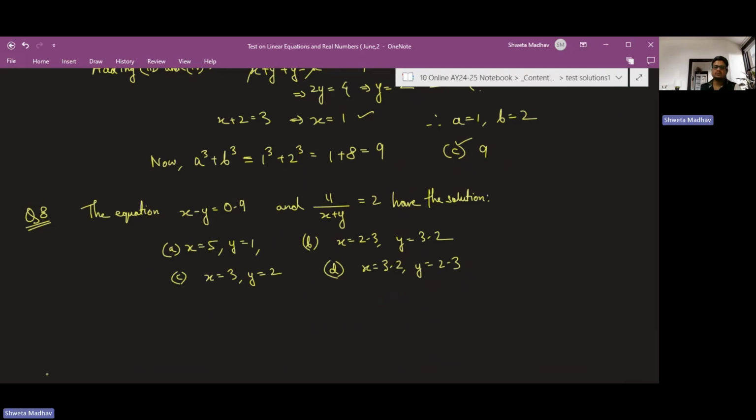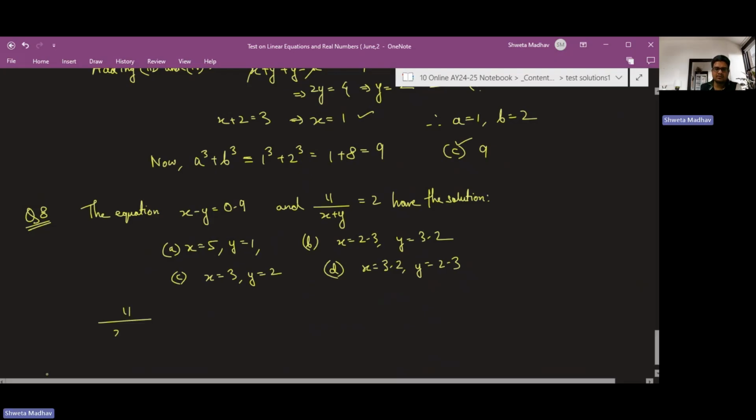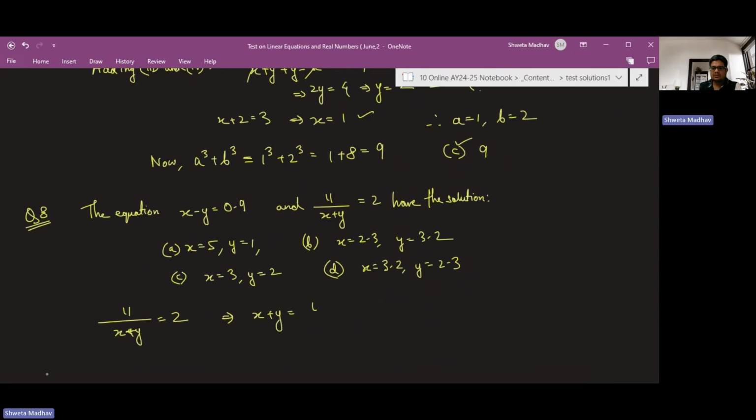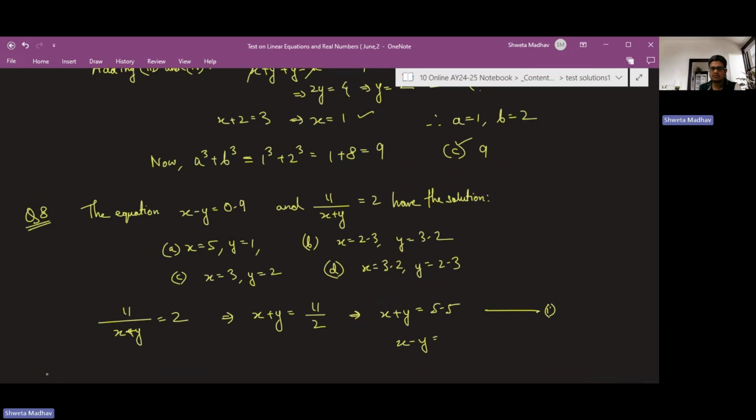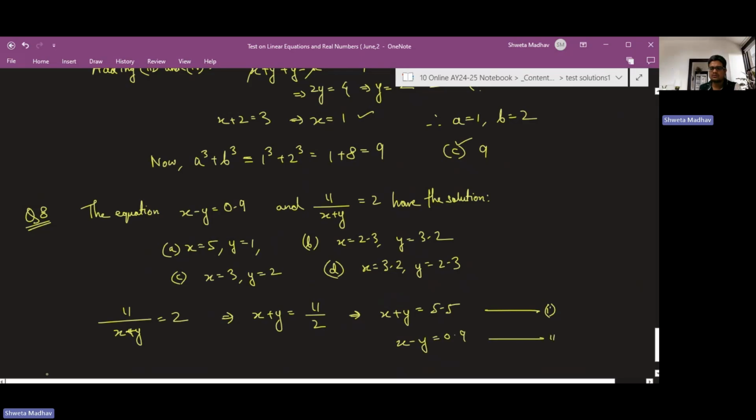So now this 11 by x plus y is equal to 2. So hence we can say x plus y will be equal to 11 by 2. So x plus y will be equal to 5.5. Let's say this is equation 1, and x minus y equal to 0.9 is our equation 2.